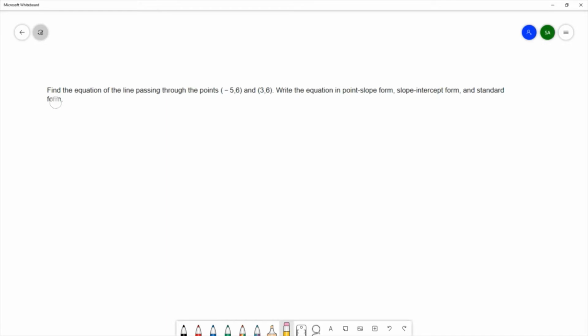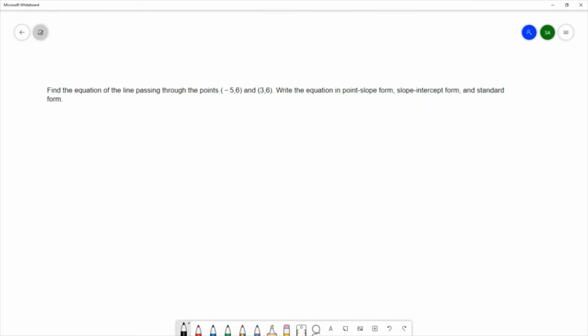This question says, find the equation of the line passing through the points -5, 6, 3, 6. Write the equation in point slope form, slope-intercept form, and standard form. So let's write down what these different formats are first.